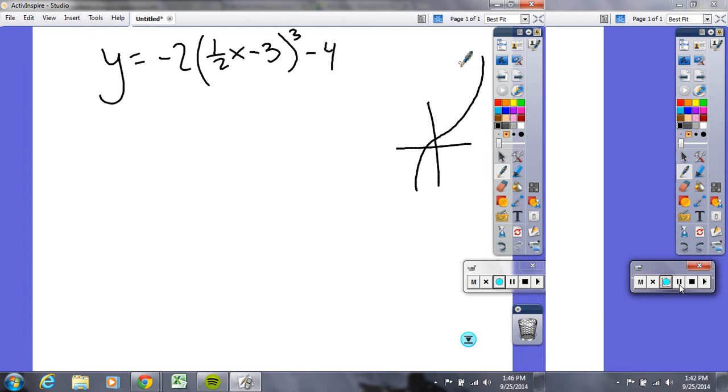All right, so what I'm going to do is I always draw my parent function. That's y equals x. Now, how many of you guys feel you're more visual people? Awesome, you got the wrong teacher, because I hate visual. It's not me. I will try my best, but I'm not a visual person. So for me, when teaching, that's not my style.